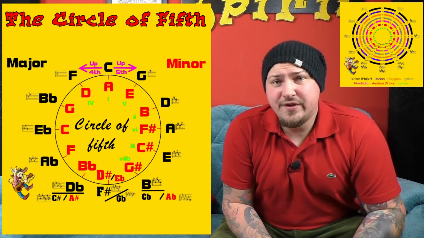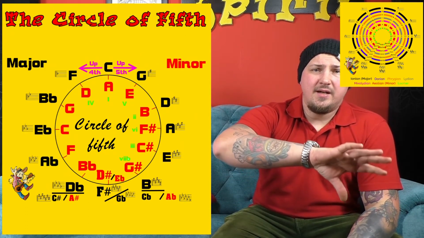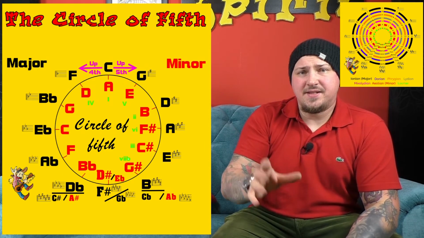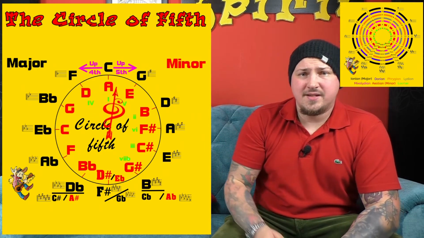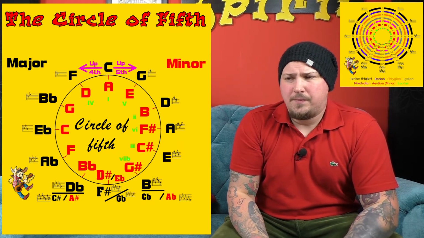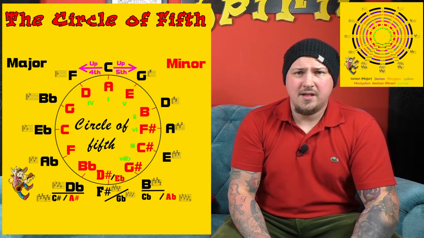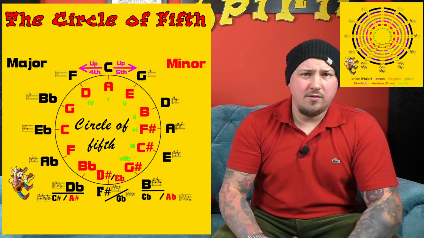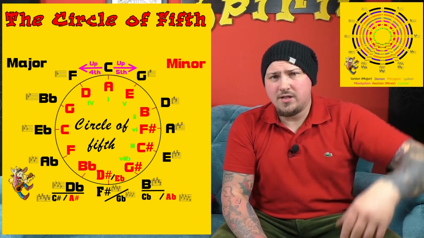On some circles of fifths you can see the tones of cadences. For example, the 1-4-5 cadence. It's important for singer-songwriters, or if you want to write a song and don't know what sounds good, the 1-4-5-1 cadence every time sounds good.